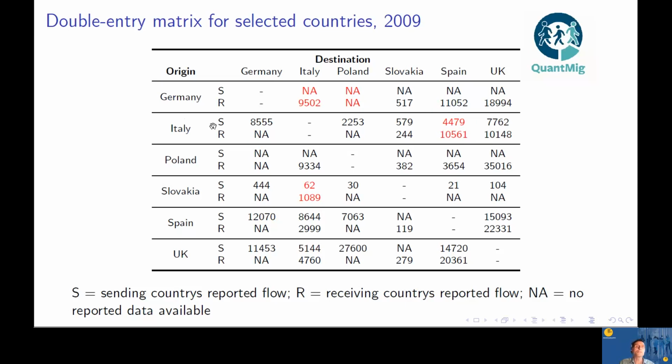We also see that some countries, for example, Germany and Poland, don't report any data. So Germany, looking here, is not reporting any emigration figures to these countries, and here it's not reporting receiving any immigration from these countries. And similarly, Poland.